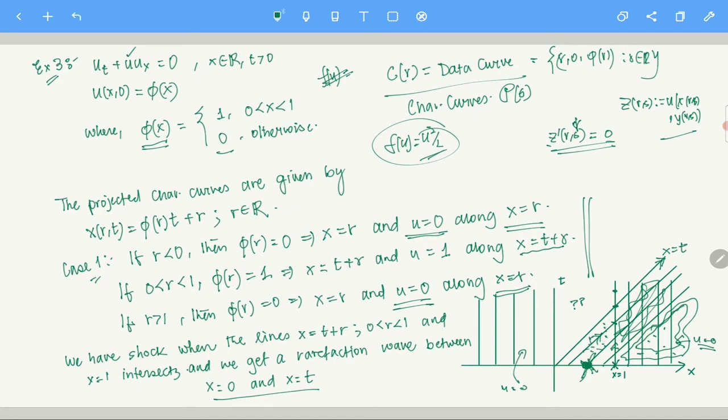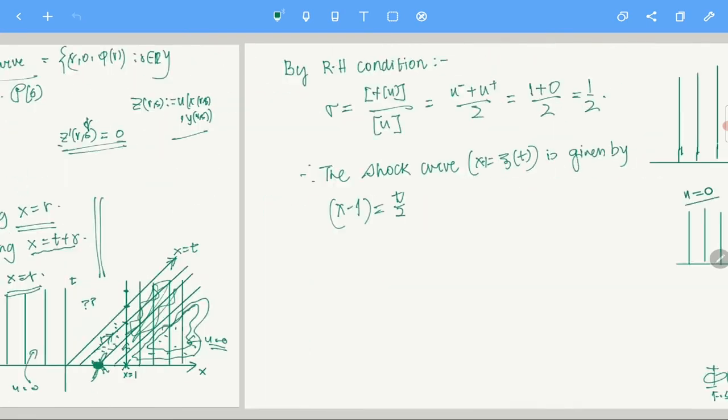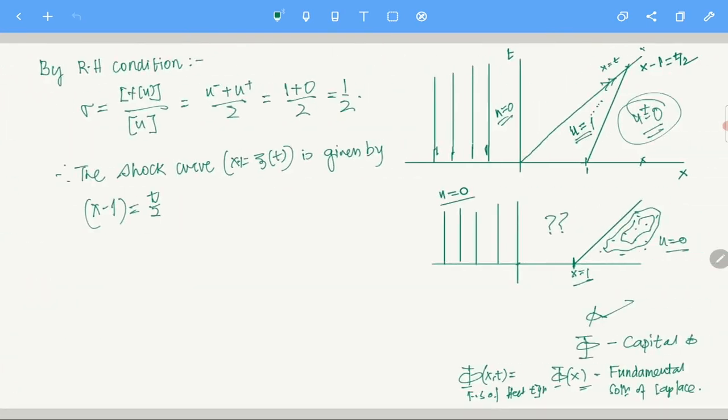I am extending it up till here. Here u is 0. In this part, u is 0. Because on the other side of the shock curve you want u plus to be 0, u minus to be 1. So u is 1 in this part.